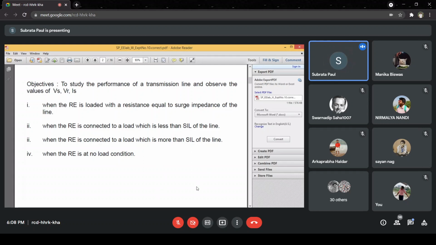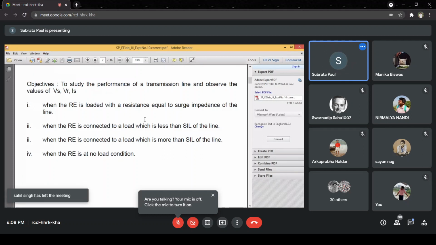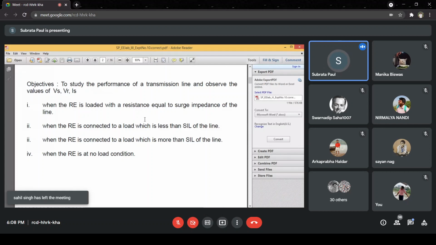Now, I think you have some idea, or you can expect what type of receiving end voltage you will have when a resistance equal to surge impedance is connected at the receiving end of a line. Actually, when a line is loaded with a resistance equal to its surge impedance, the line is loaded by the surge impedance loading.